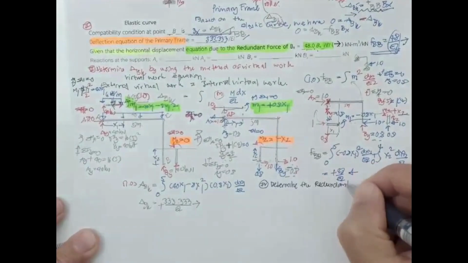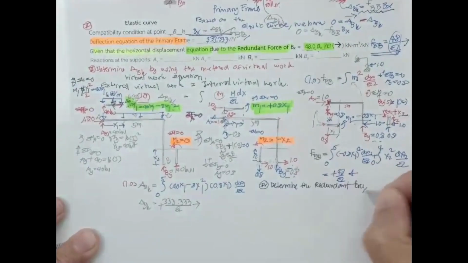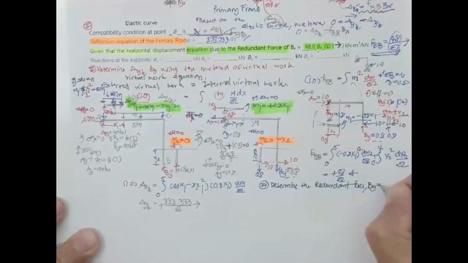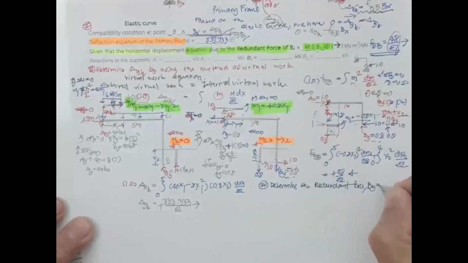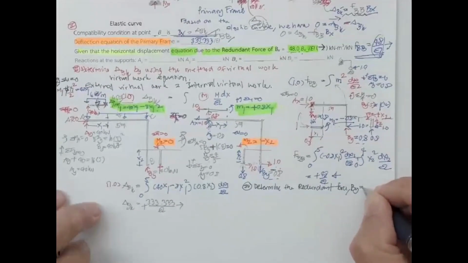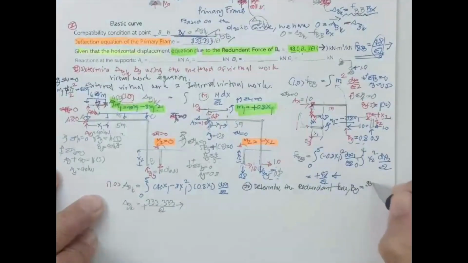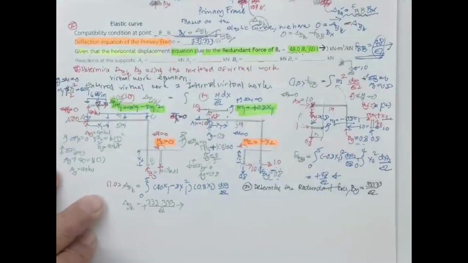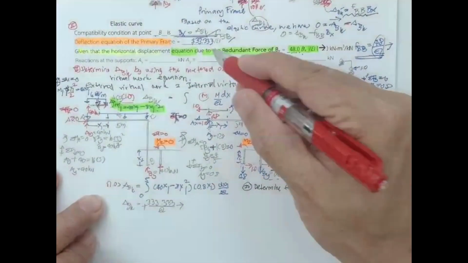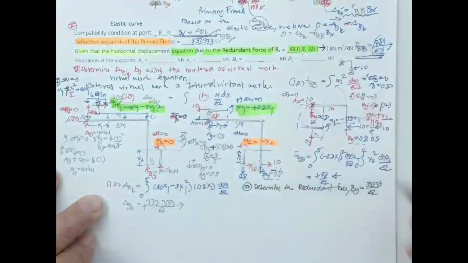Redundant force B sub y equal to following the equation over here is going to be 333.33 over EI and then divided by F sub BB.